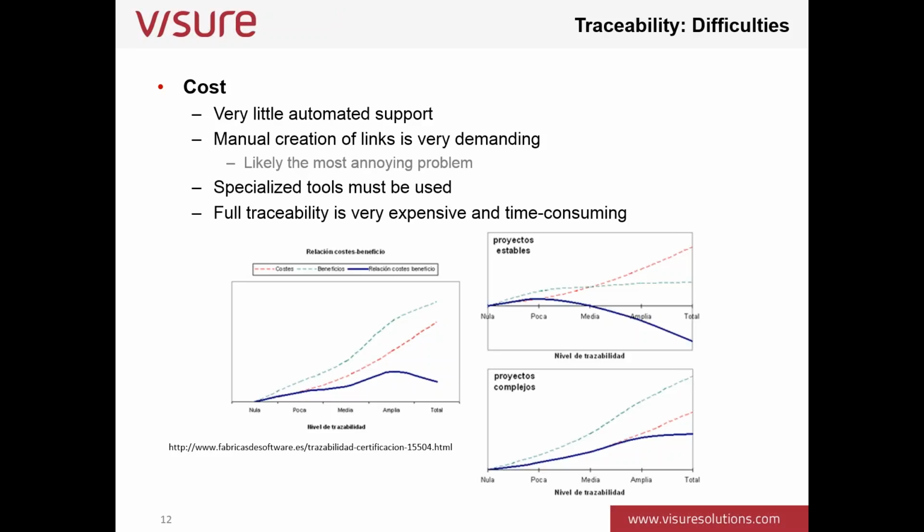The green line represents the benefits, and the blue line is the ratio between cost and benefits. So basically what it's saying is that from zero to full traceability, what do I get in return for spending more or less time tracing.